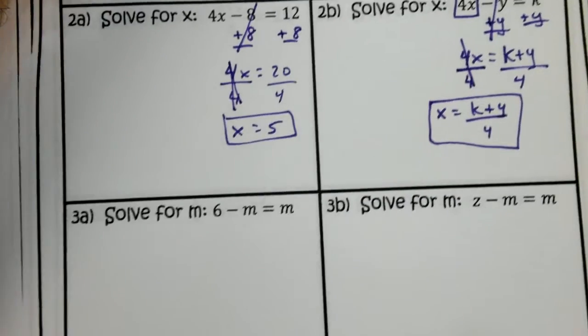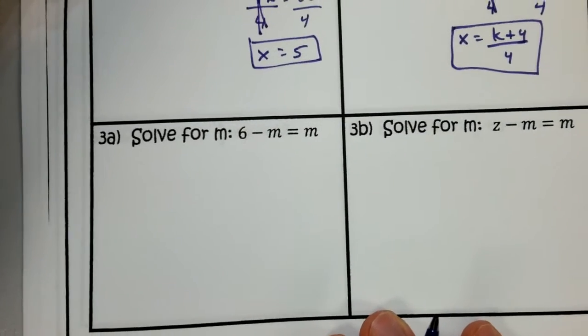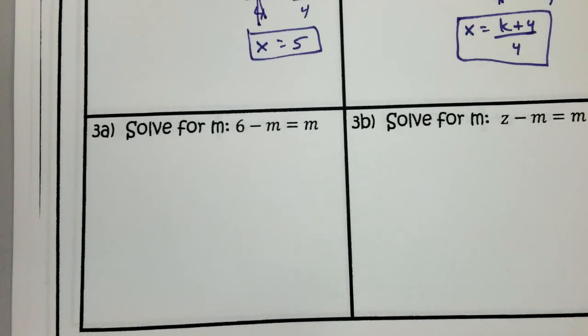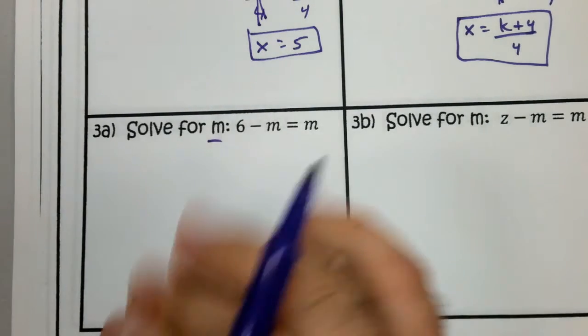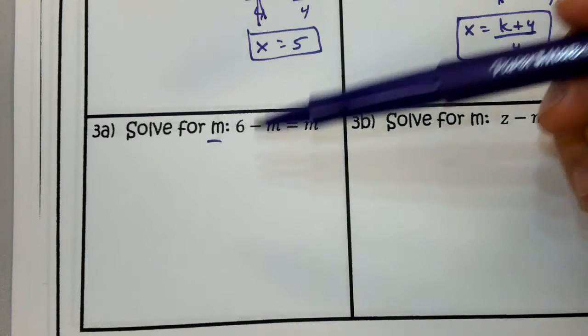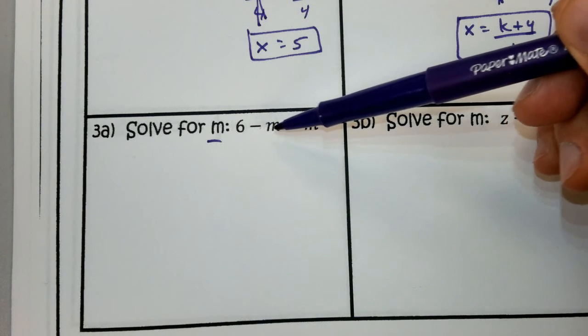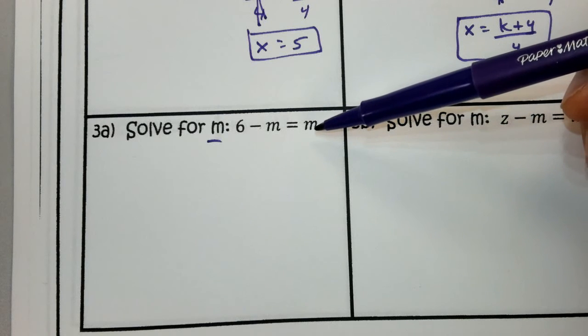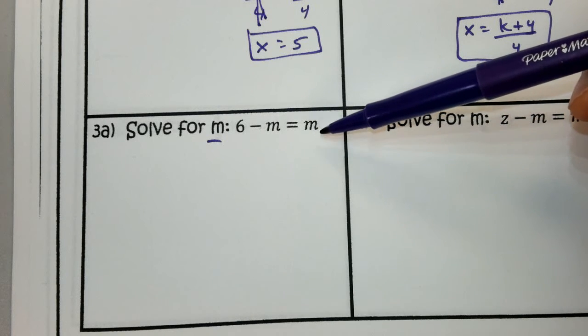Okay, so we're going to go on here, and now the goal is to solve for m. This is a regular equation, right? We can actually solve for m. Now I have two m's here. I have a negative m, and I have 1m all the way on the right by itself.